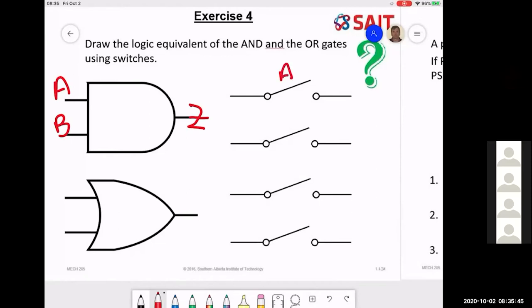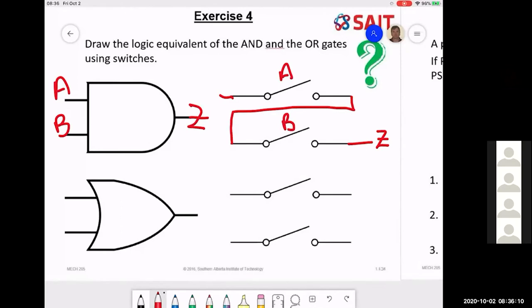This switch would be A, this switch would be B, and if I connect them up in series, I've got my output. If A is closed and B is closed, then Z is true. So just wiring them up in series will achieve that.